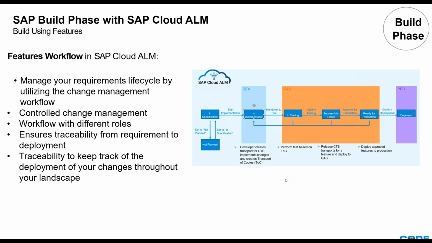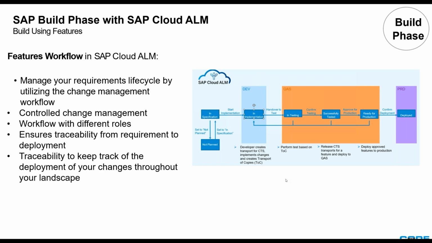It has some workflows, for example, such as in implementation, when we are in a development environment and we're creating a change or a transport. And then as you go through your QA environment, you might have something like in testing, successfully tested, or ready for production, depending on where you are with your testing.